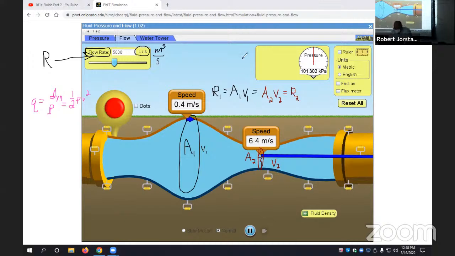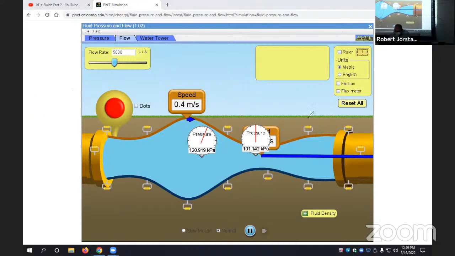Now we could talk about this. Let's look at the pressure in here. The pressure at this spot, oops, let's try and get them right on the center line. Do you agree that the pressures are not exactly the same? Let me clear those annotations. Do you agree that the pressure is not the same at each spot? What's going on there?